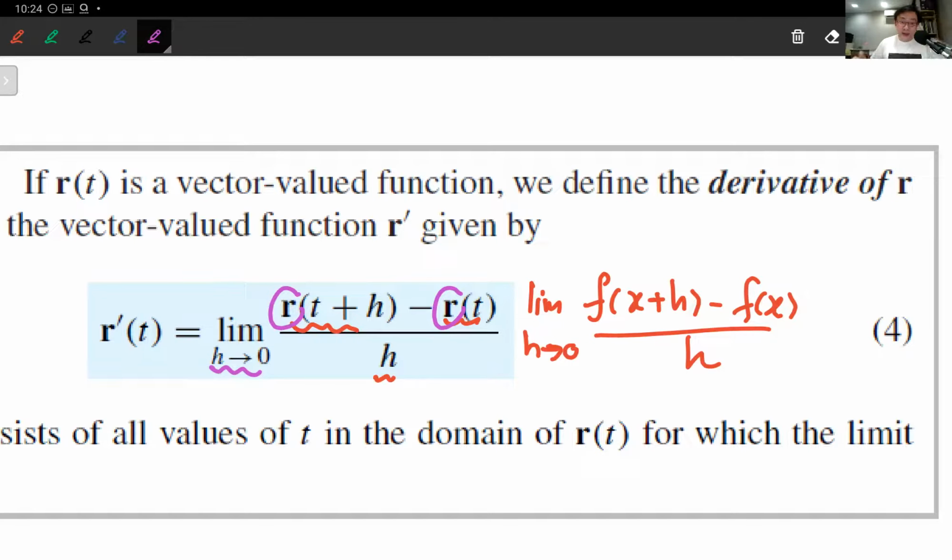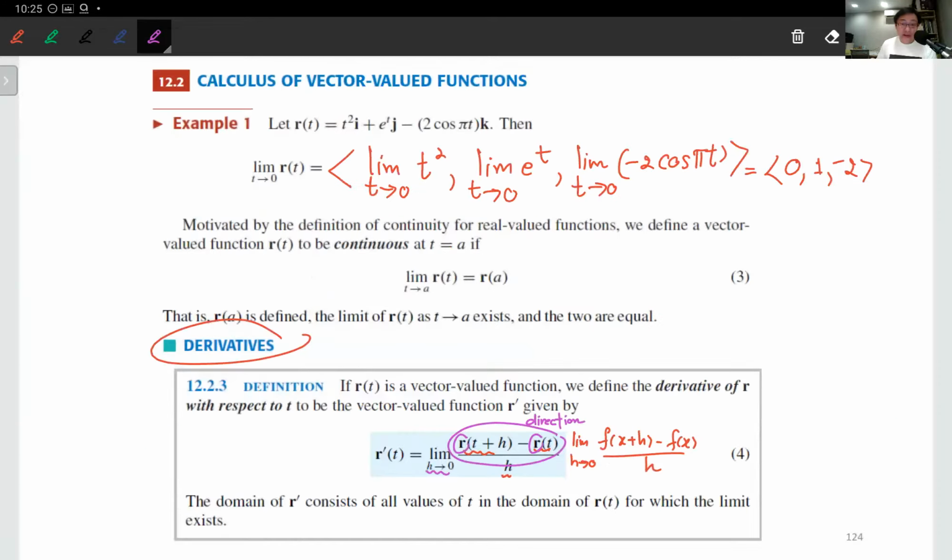But the only thing that's going to add on top of this one is what? There is some direction. So cool. So with that, this is the definition of the derivative of a vector.